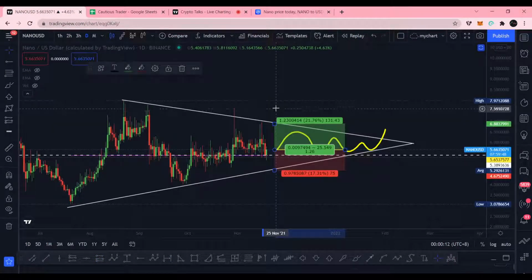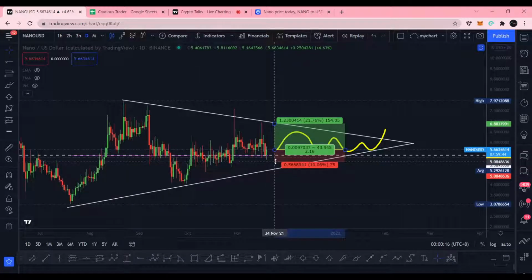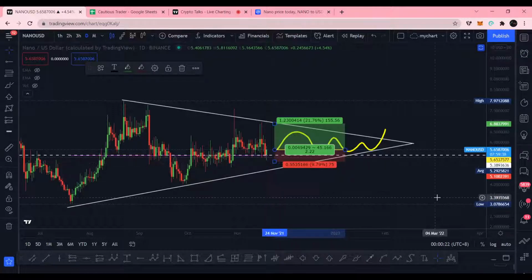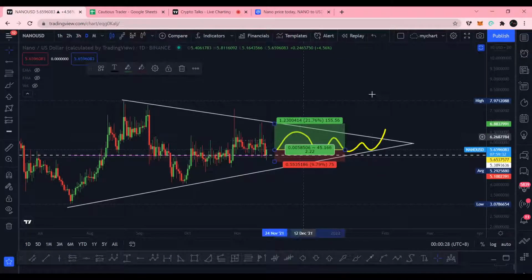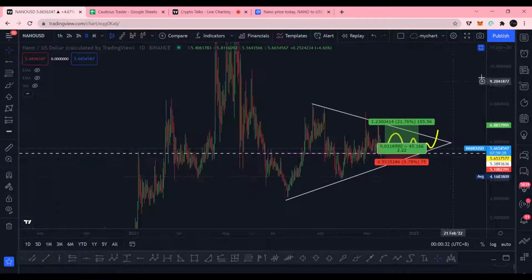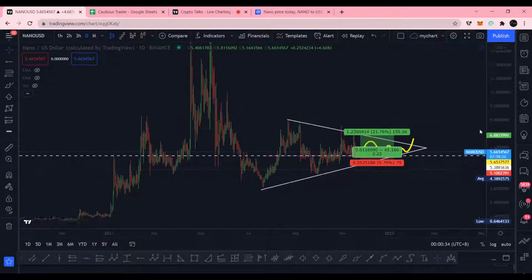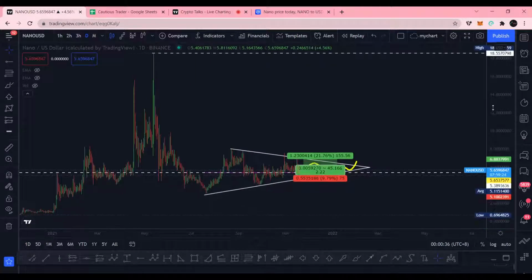My TP will possibly be at 6.88 and my stop loss, of course, just below the wick of this candle, which is 5.16. So I might trade within that range, or wait for the breakout, which I think is much more attractive in my opinion.